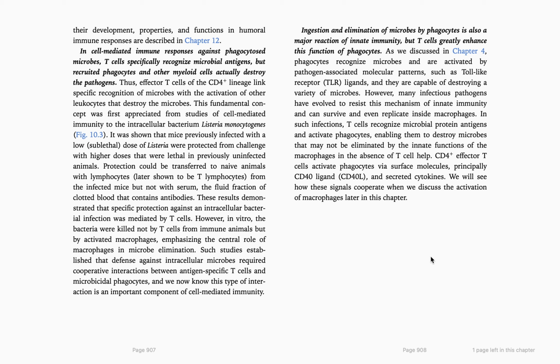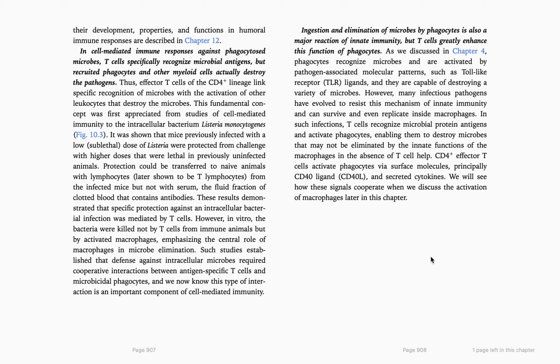However, in vitro, the bacteria were killed not by T cells from the immune animal but by activated macrophages, emphasizing the central role of macrophages in microbial elimination. Thus, such studies established that defense against intracellular microbes required a cooperative interaction between antigen-specific T cells and microbial phagocytes, and we now know this type of interaction is an important component of cell-mediated immunity.